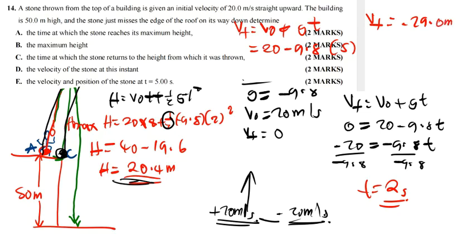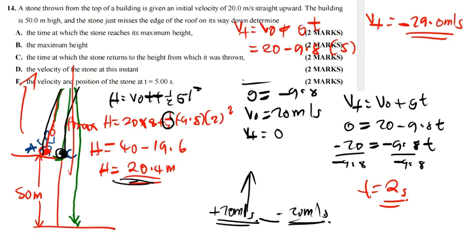29.0 meters per second. When you see negative, what comes to your mind? Does it mean that when t was equal to 5, the object was still going up or it was coming down? What comes to your mind? Why?